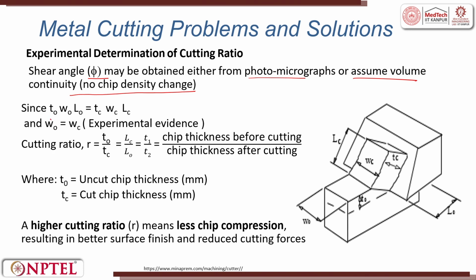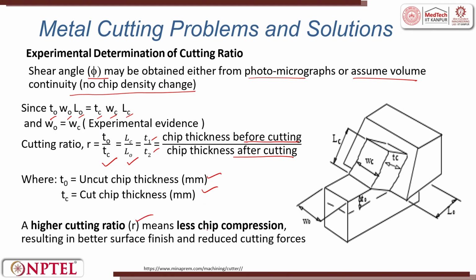Volume is thickness into width into length of the uncut chip, that is equal to thickness into width into length of the cut chip, where W naught and WC are experimental evidence only, and cutting ratio R, T naught by TC, is equal to LC by L naught, also sometimes noted as T1 and T2. It is chip thickness before cutting, that is uncut chip thickness, and chip thickness after cutting, that is cut chip thickness. That notation is given here.